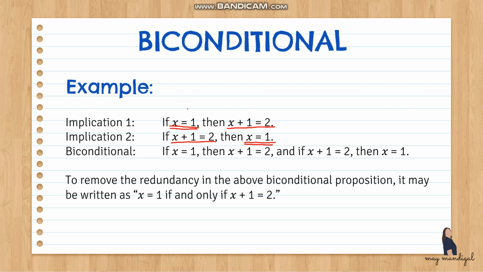Now if we want to write this in symbols, of course we have to represent it using letters. For the first one, this if statement here, let's use A for x equals 1.